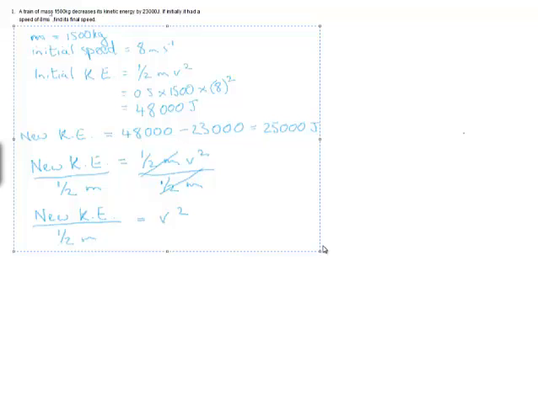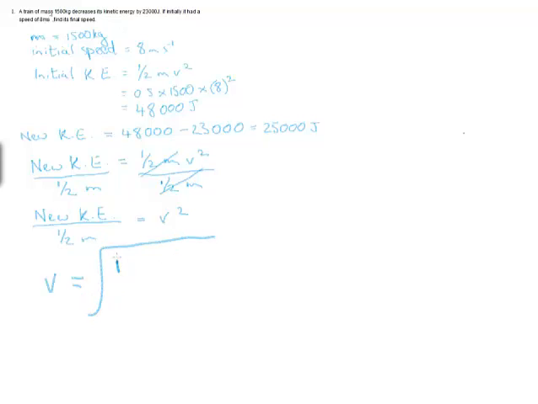Okay, so we can now rearrange the equation just to find V. So V equals the square root of the new kinetic energy divided by half times the mass.